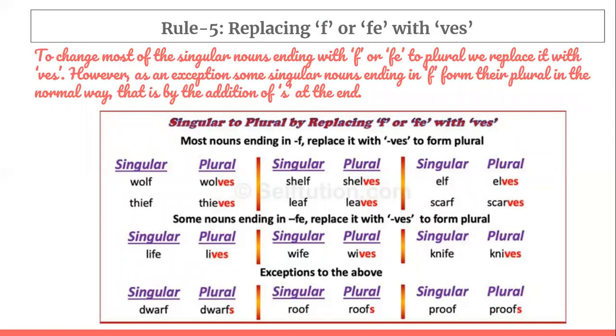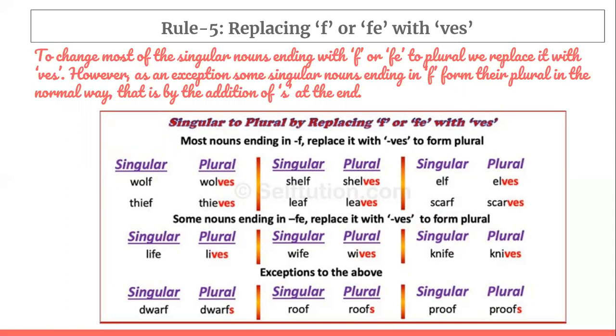So first we will look at the words that end with an F. Wolf, thief, wolf becomes wolves, thief becomes thieves, shelf becomes shelves, leaf becomes leaves, elf becomes elves, scarf becomes scarves. And now if the ending is fe, like life, lives, wife, wives, knife, knives.